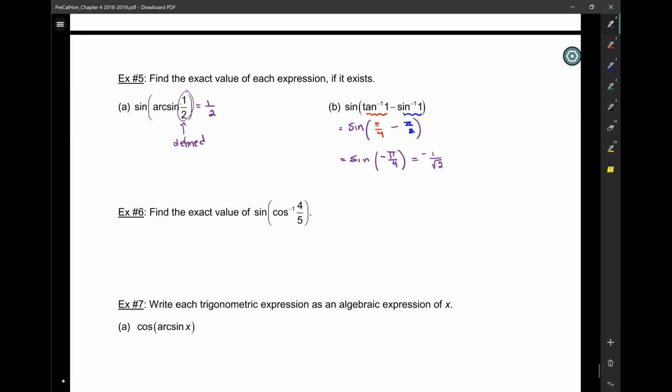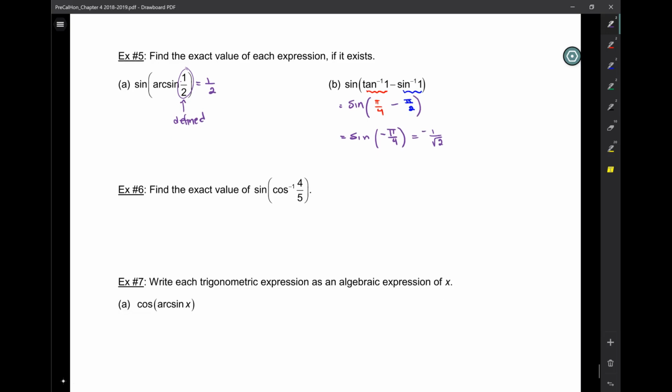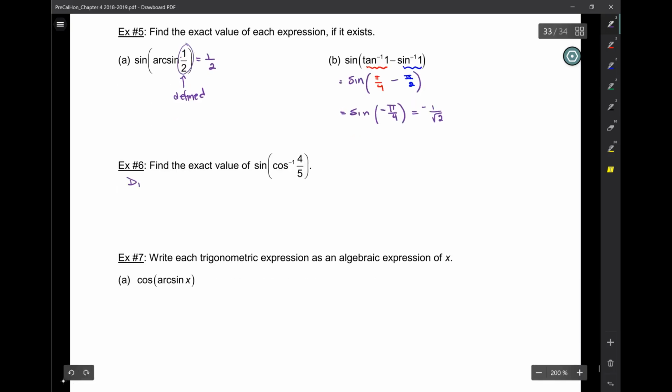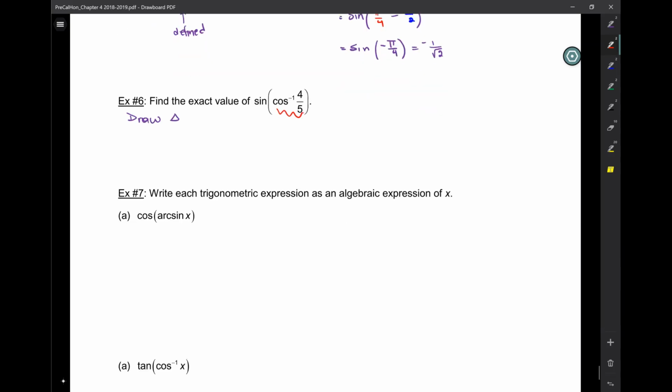This one is a combination. First we have to draw a triangle of the inside stuff. What is the inside stuff saying? I have a mystery angle, the cosine of which is 4 over 5.